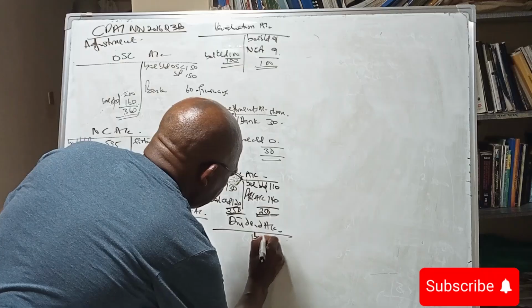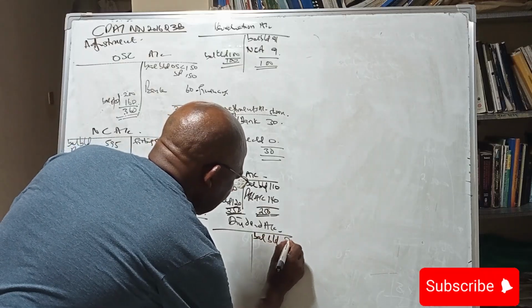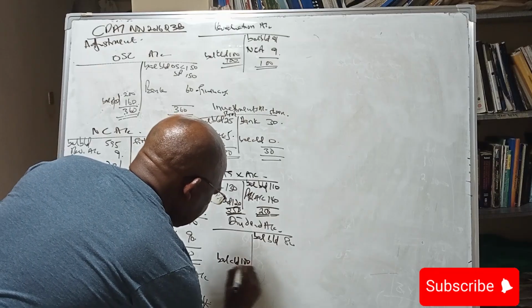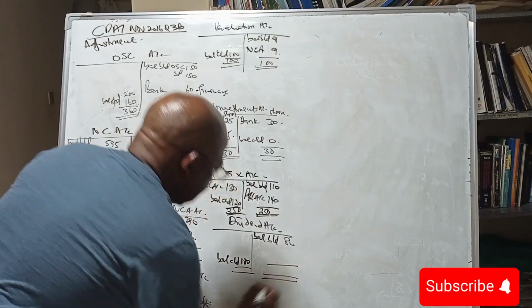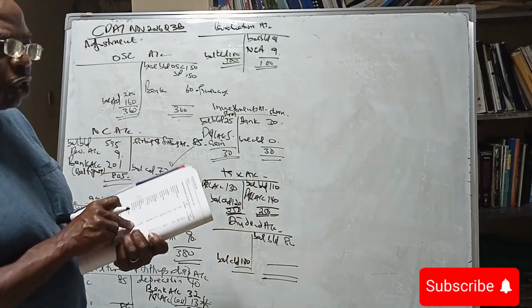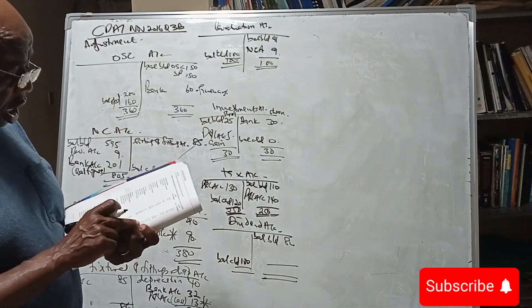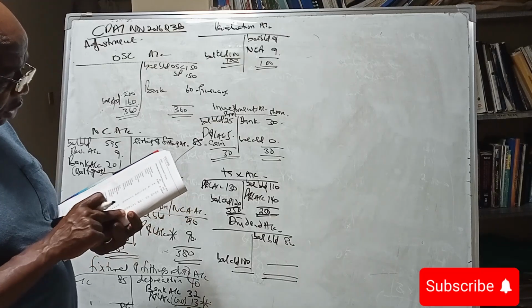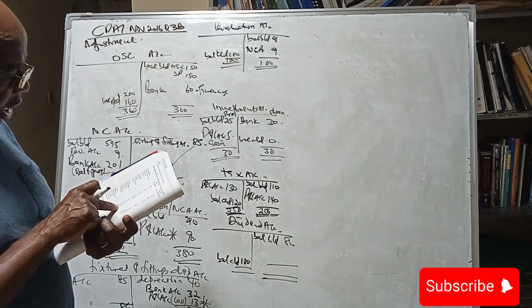Balance brought down is 80, and balance carried down is 100. You get the opening and closing balances in the balance sheet: the opening at the beginning of the year, 2015, and the closing at the end of the year, 2016.